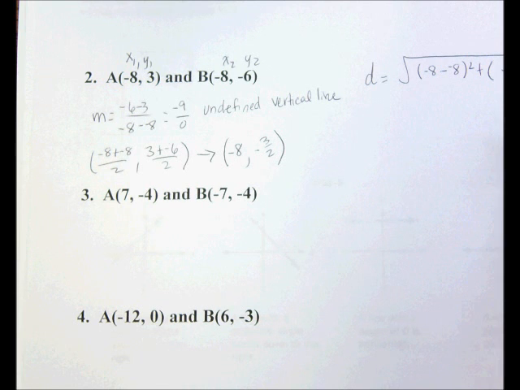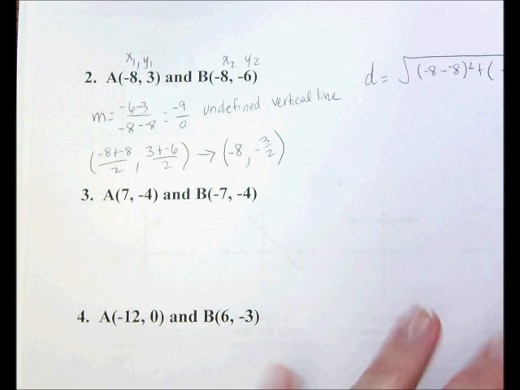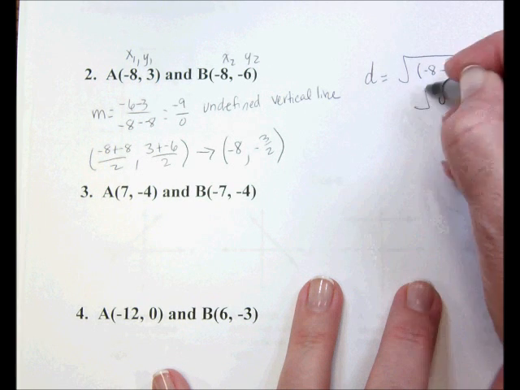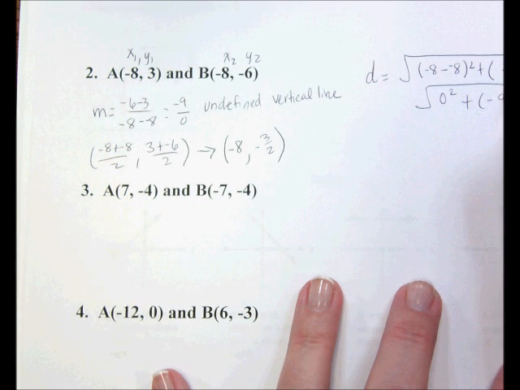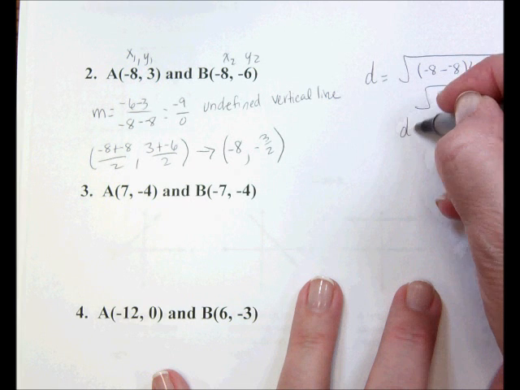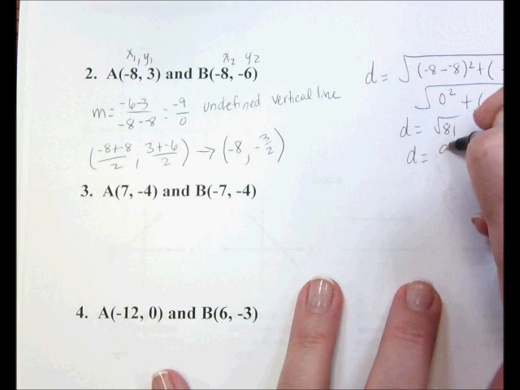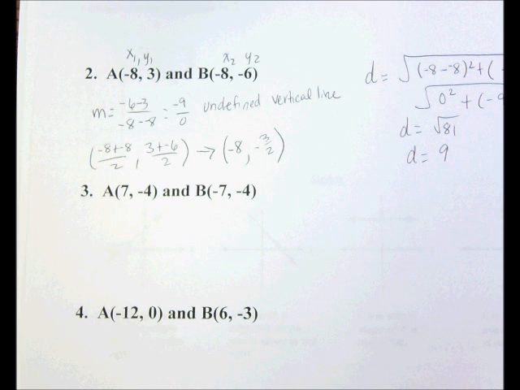This would give me 0 squared plus negative 9 squared, and so d is equal to the square root of 81, and so the distance, or the length of that line segment, is 9. So hopefully that will help you with some of the problems when you're finding distance, midpoint, and slope.